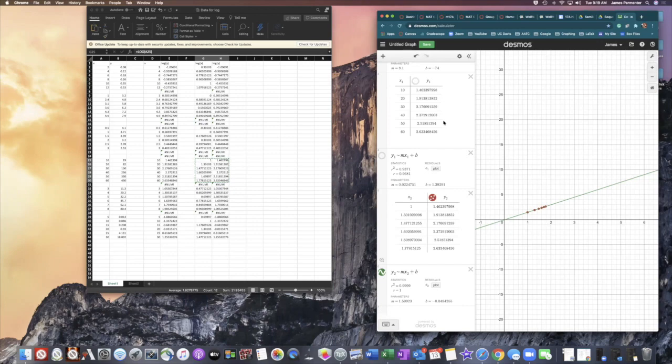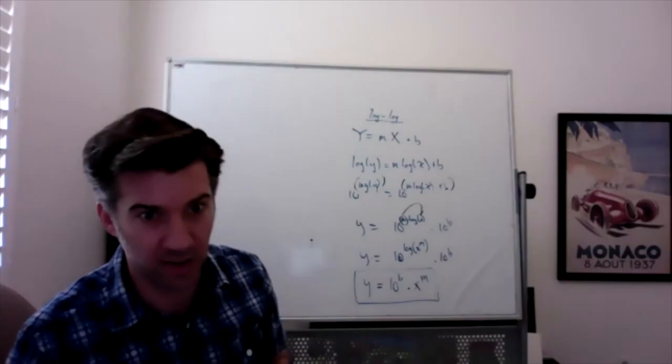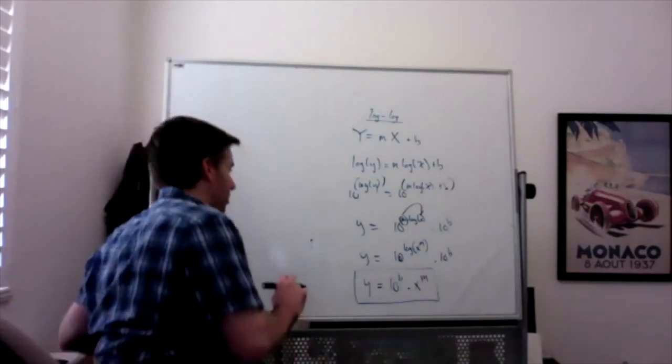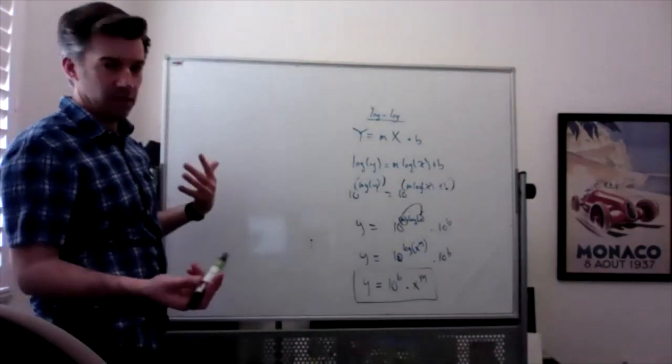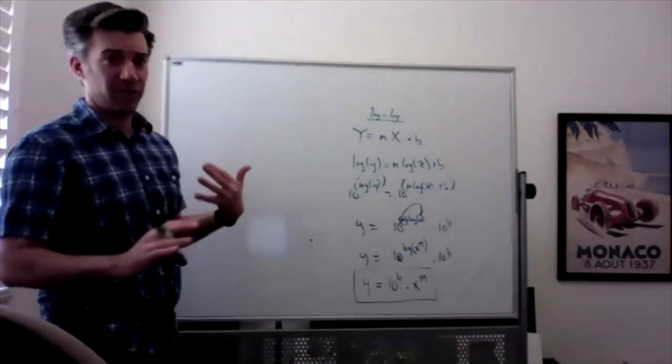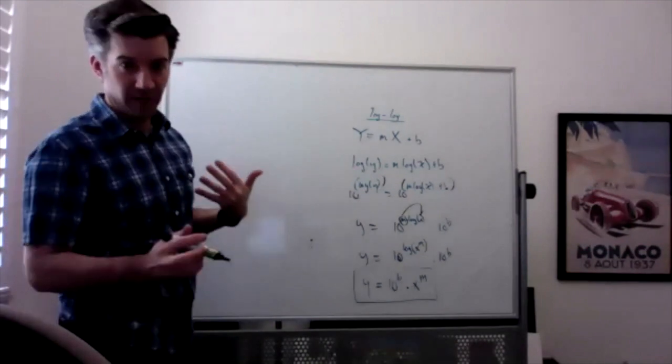I would start with, okay, I know that I did a log transformation. I'm going to stop sharing so you guys can actually see what I'm writing on the board. So I did a log transformation, and I got the best fit line, the log transformation having the best linear fit.